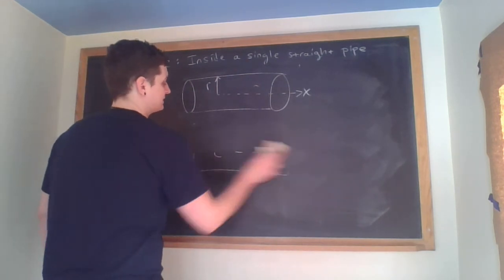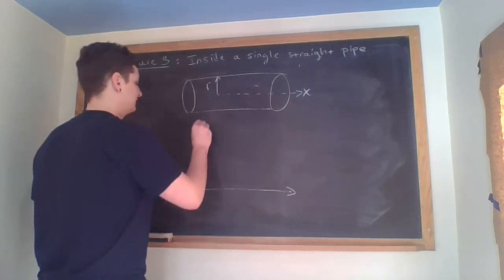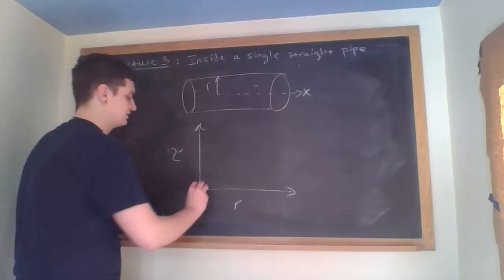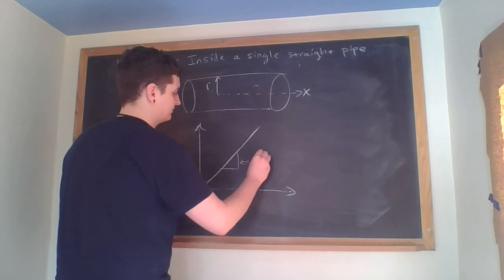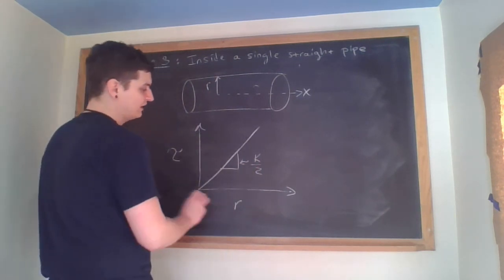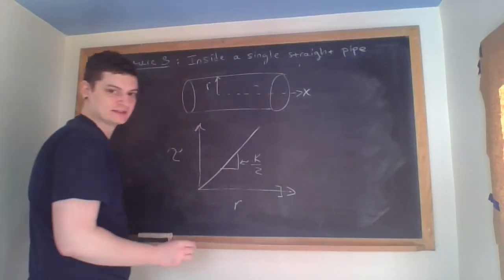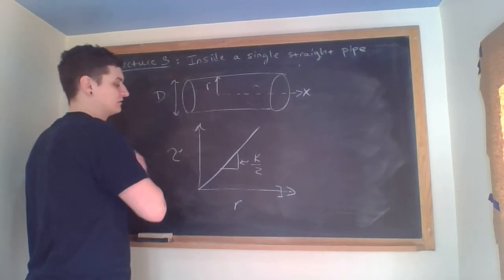When you have linear relationships, you should always just, in your head, and I draw this so many times in the notes, realize, here is my R for the pipe. Here is shear. What's happening is it's just this line. This thing is the slope, which is like half the pressure gradient. So it would just continually go on, except that it ends at a certain point because the pipe has a diameter.